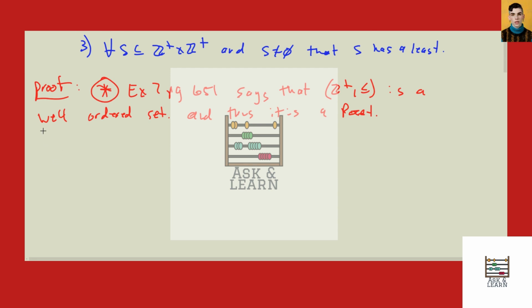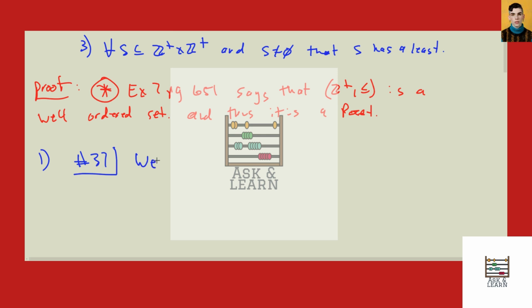Now, the first thing we want to show is that we do have a poset. Well, we can actually cheat a little bit and use number 37. So if you haven't watched number 37 or done the problem yet, you can go and watch that one, and we walk through the steps there. But we can use number 37 to help us with this.